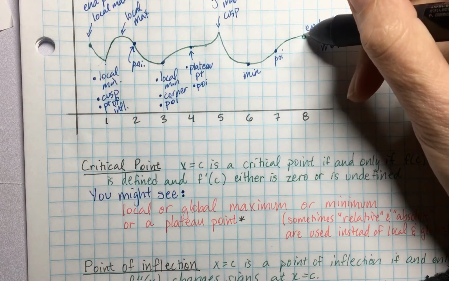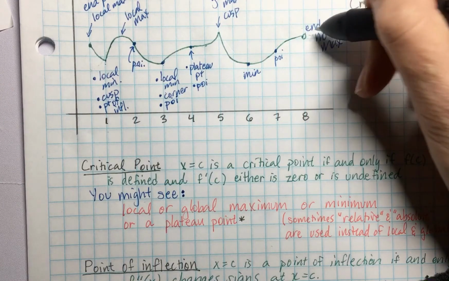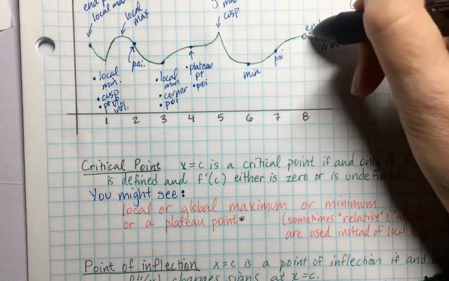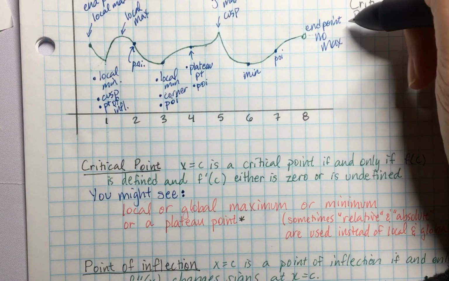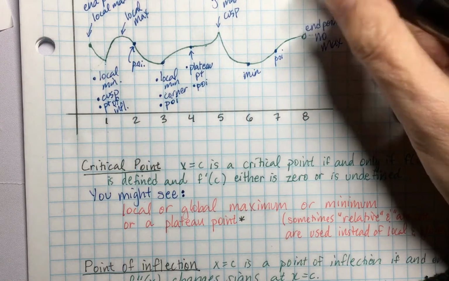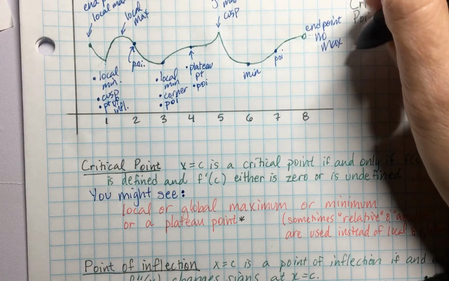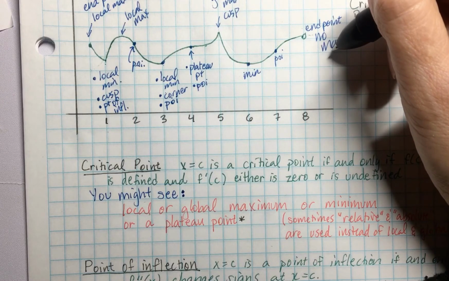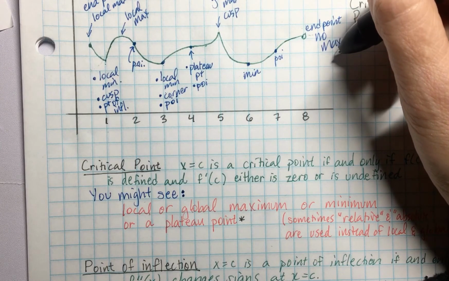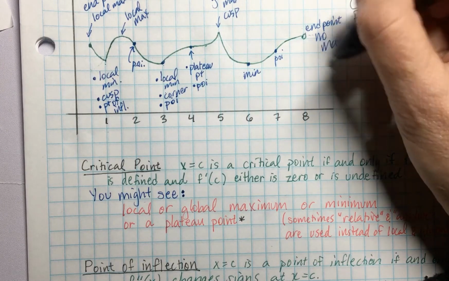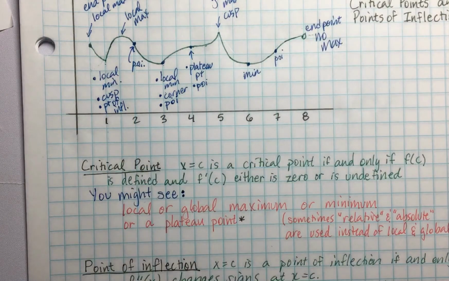And since you're approaching the y value, but not actually getting there, it doesn't actually count as a maximum. And that's a little bit trippy and weird to think about. But it's like, well, what's the x value? 7.9? How about 7.99? What about 7.999? And you can go on with that argument forever. So because of that open circle, it's not a maximum. But we still consider it an endpoint because, yeah, we're going to end here.